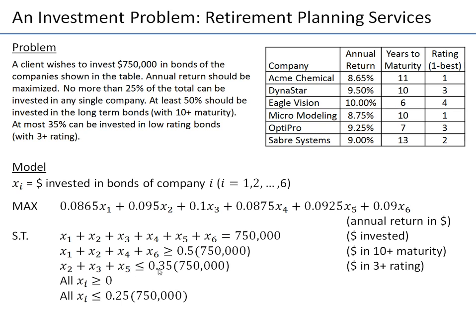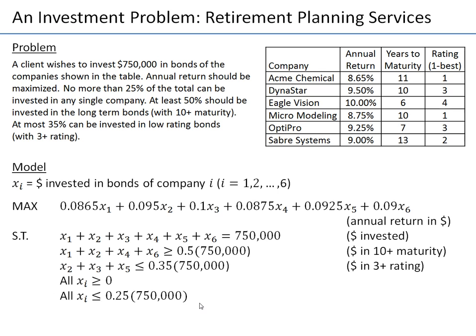Then with those high rating, in this case high means bad rating, 3 and 4, investments number 2, 3, and 5, Dynastar, Eagle Vision, OptiPro, we can't invest more than 35% in those. And then the minimum investment in each bond is of course 0 in this case. Maximum is 25% of all the money.